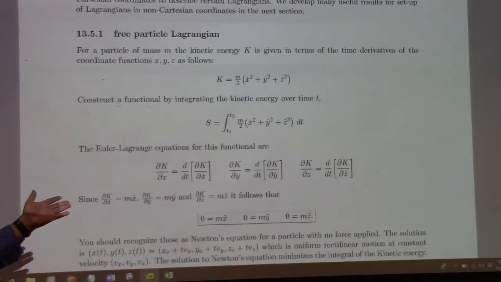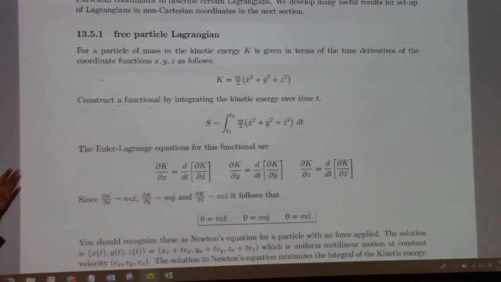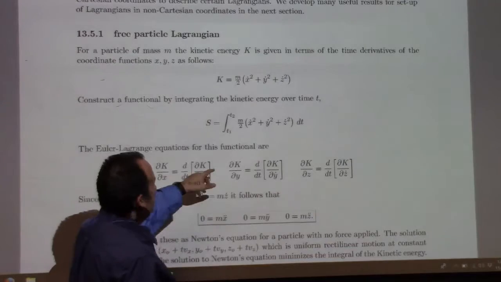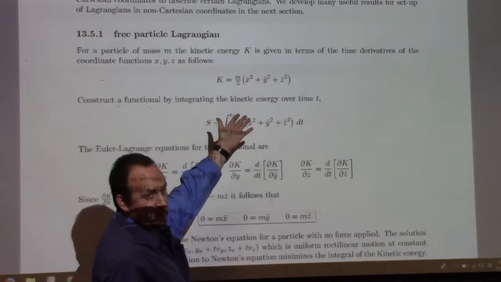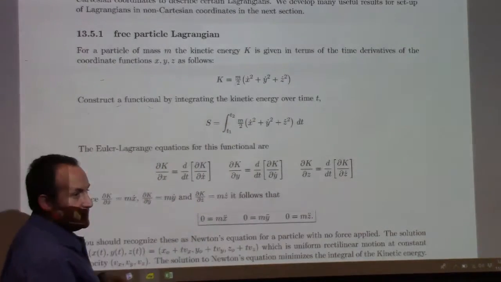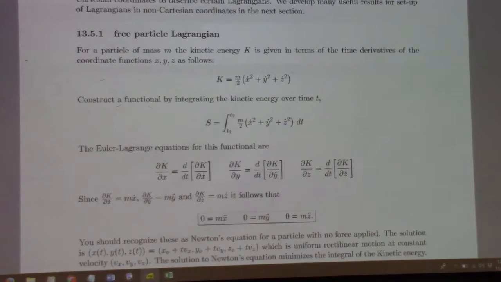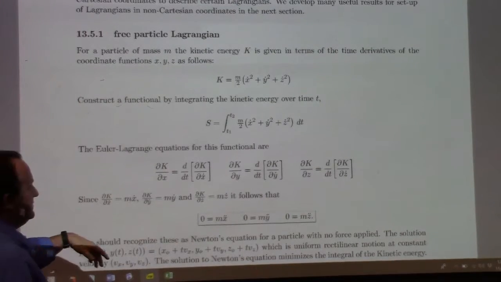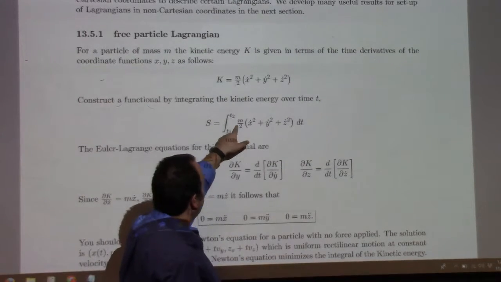This one's very simple. So the Lagrangian more generally is the kinetic energy minus the potential energy. So if you're looking at a free particle, the potential energy is just 0, so it's not present. So the Lagrangian is just the kinetic energy. Kinetic energy in Cartesian coordinates, in terms of the dot notation, is one half m v squared. But v squared is x dot squared plus y dot squared plus z dot squared, right? And so my Lagrangian is actually the kinetic energy in this case.